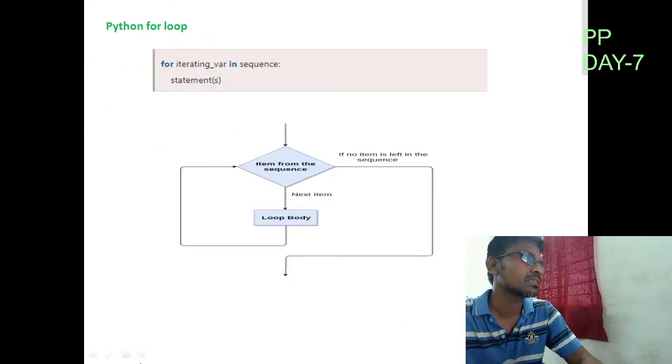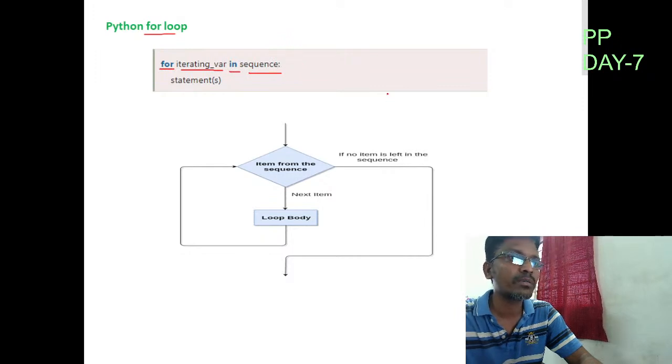And this is an example of one of the loop control statements in Python, that is the for loop. So what is a for loop? How do we write a for loop in Python? You have to use the keyword for, followed by an iterating variable, followed by the in operator, followed by a sequence, followed by a colon.